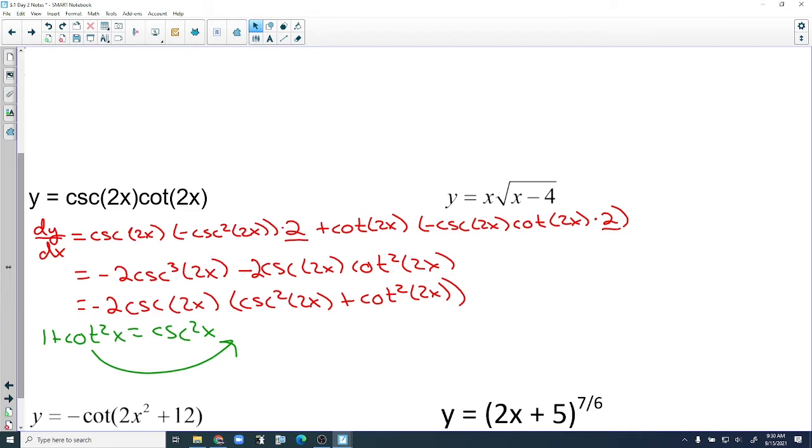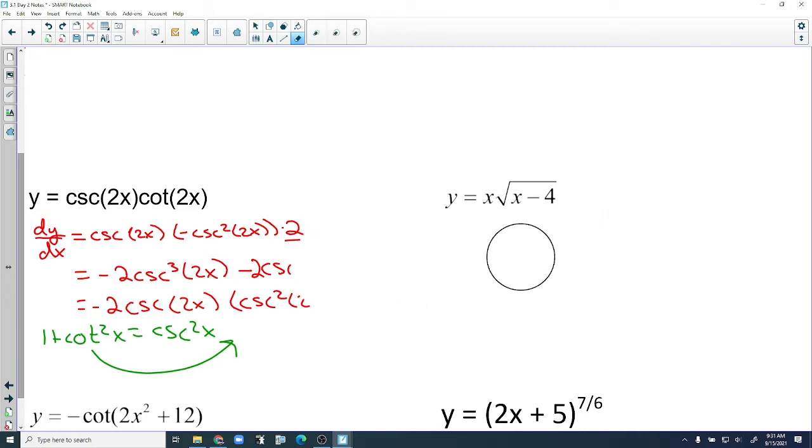I'm going to have to erase this because I didn't leave myself enough room. All right, let's see if I can get this. First, dy dx. First times derivative of the second. No chain rule necessary. Actually, we could do the chain rule, but the derivative of x is just 1. So really no need to multiply this times 1.